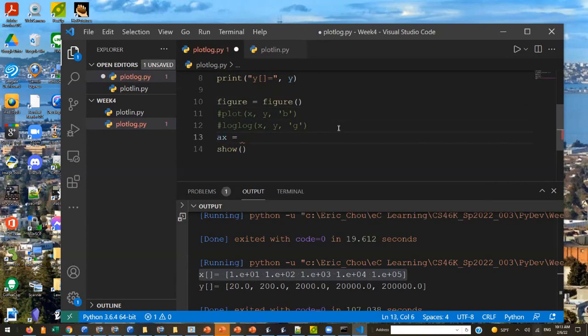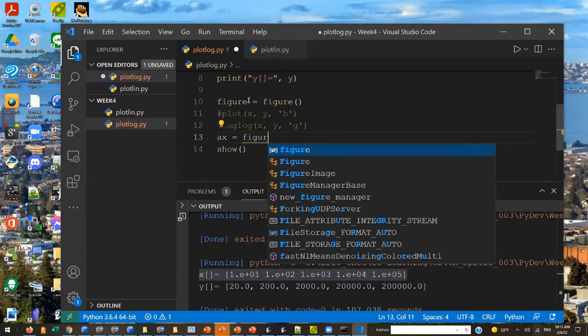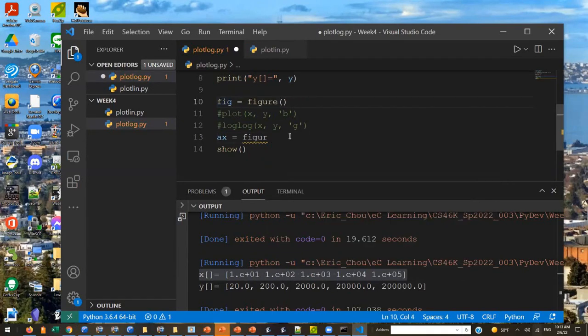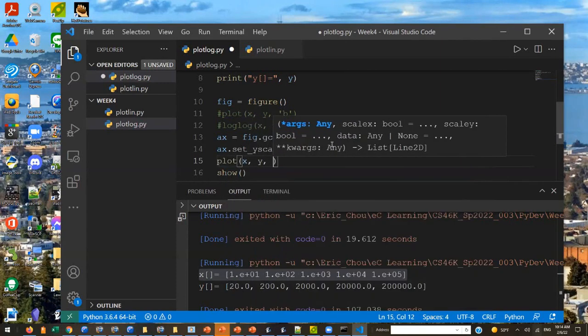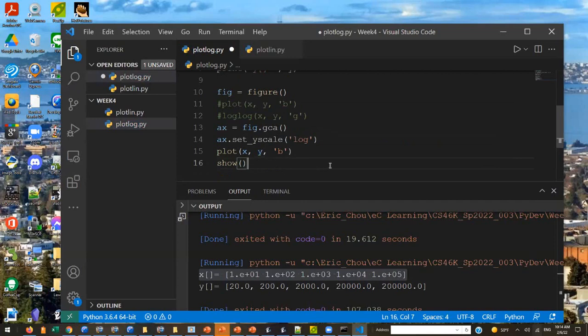So figure, get current axis. Then we set axis Y scale. And after that we do plot X, Y, and B. Let's see this one.